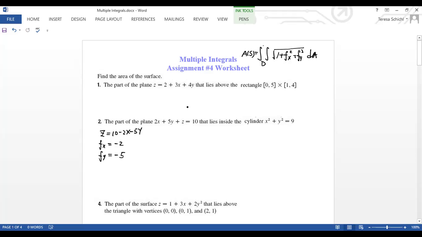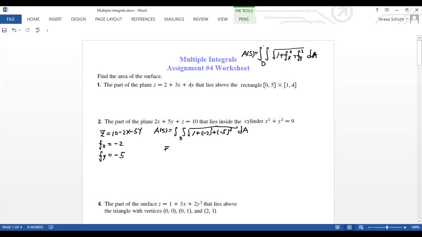So I can write my surface area as the integral of the square root of 1 plus partial x squared plus partial y squared, dA.